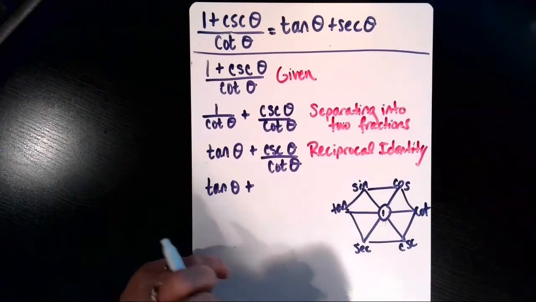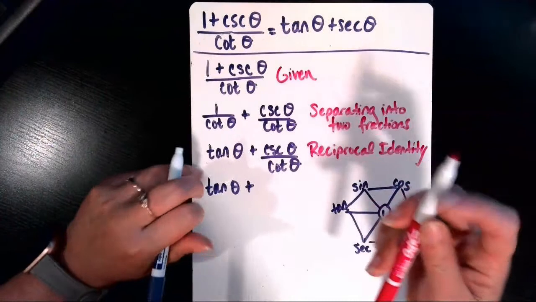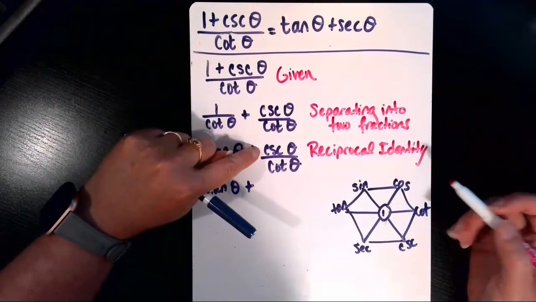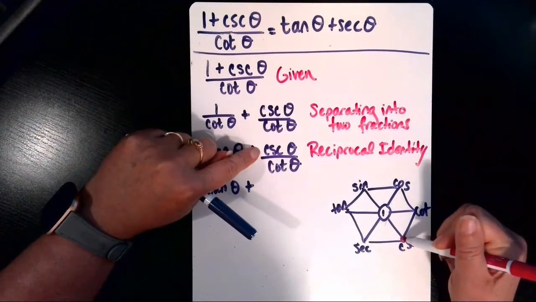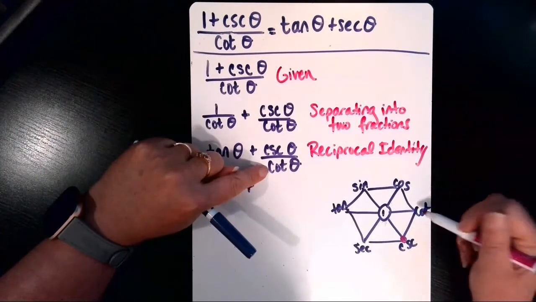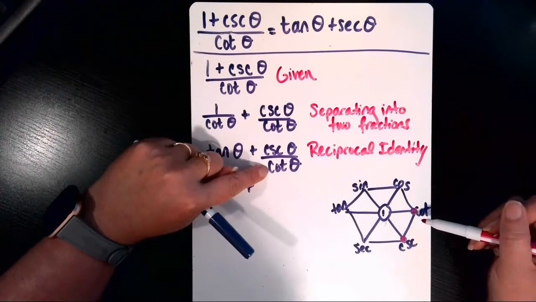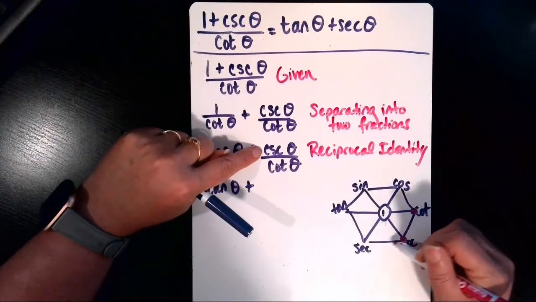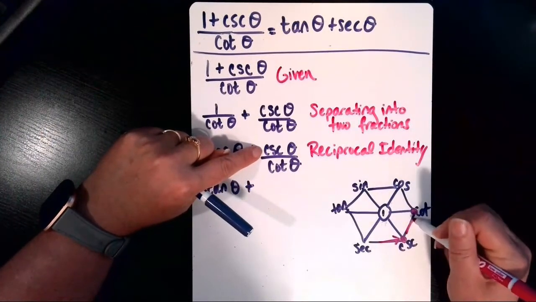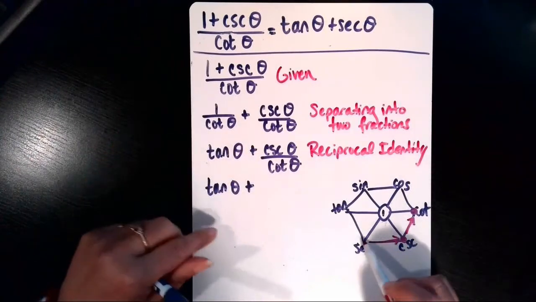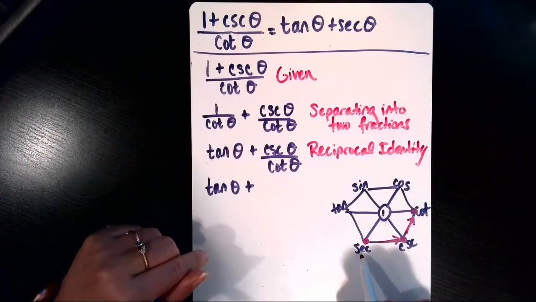Now if I look on my trig identity hexagon here for cosecant, that is here, and cotangent is right beside it. See how those are consecutive vertices. So this ratio of cosecant over cotangent, that's coming from this corner, which is secant.